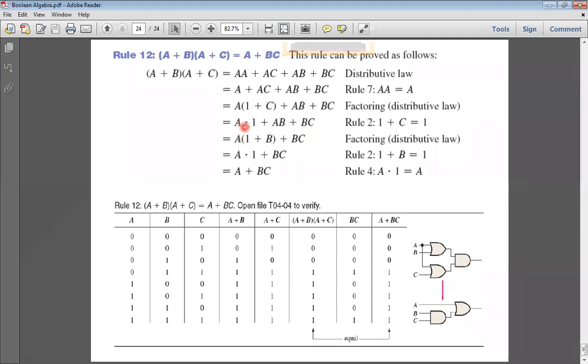Now A plus AB, you can take A common here, A into 1 plus B, BC. 1 plus B is 1. 1 ORed with any variable gives us 1. So A into 1, this entire thing is 1, BC. Now A plus BC. Finally what we get is A plus BC, since A dot 1 is A. This is the proof of this rule.